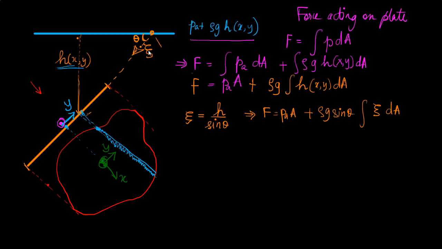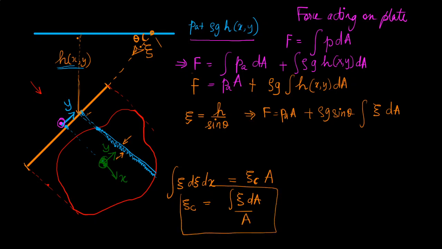So what is now integral xi dA? dA will be equal to the thickness of this strip, which is d xi times dx. I can write it down as xi centroid, not the center of gravity, but the centroid, times the area. Actually xi c is equal to integral xi dA upon A, which is the very definition of the centroid.